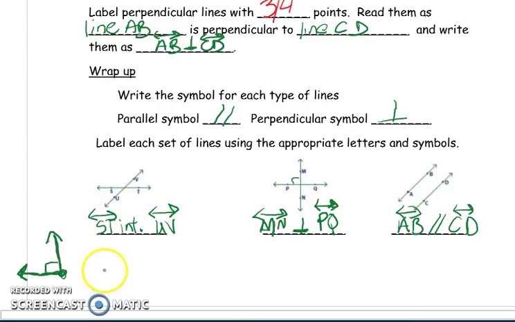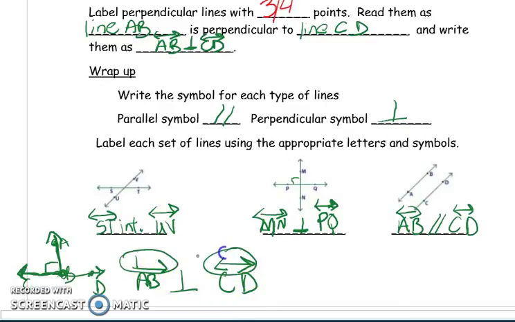I would label them like AB is perpendicular to CD. Okay? So ray AB, I would just use my ray symbol as perpendicular to, then I made line CD. So I use the correct symbol on top to show that it's a ray versus a line.